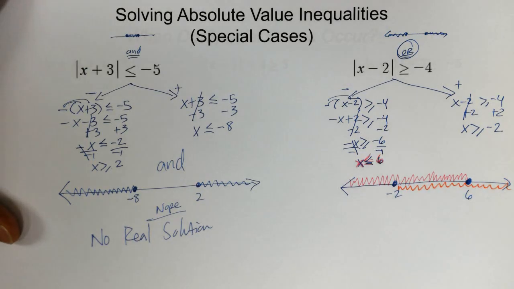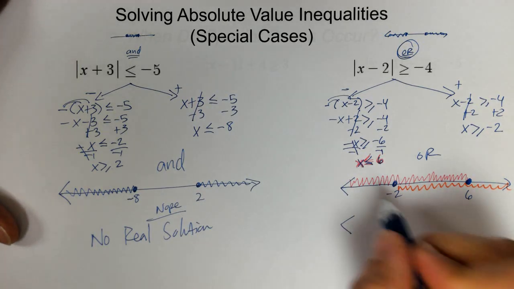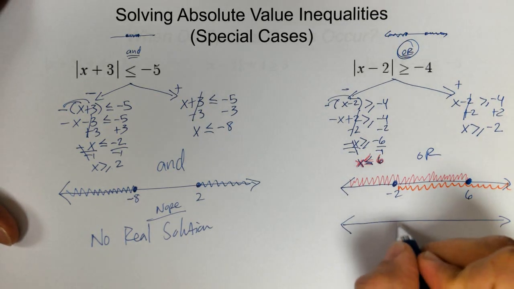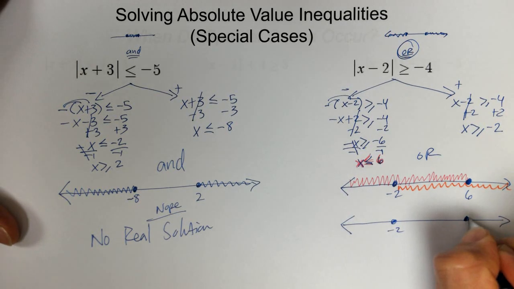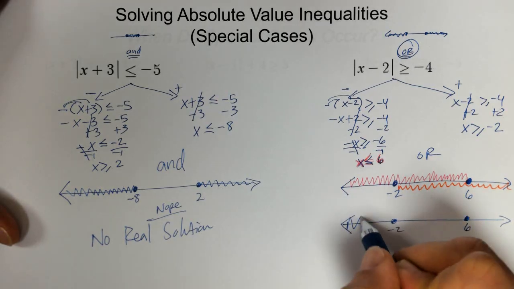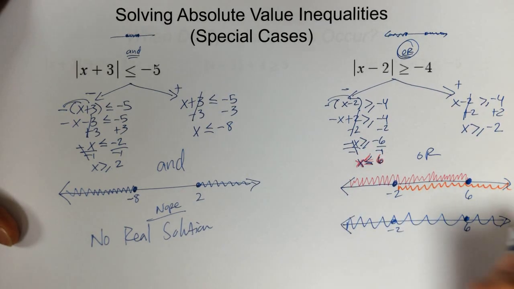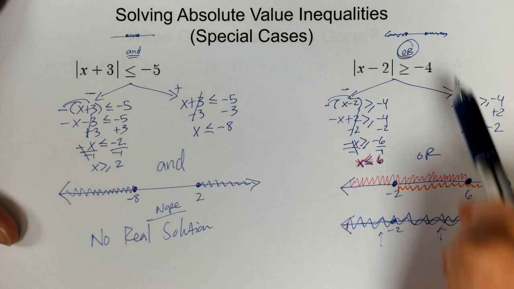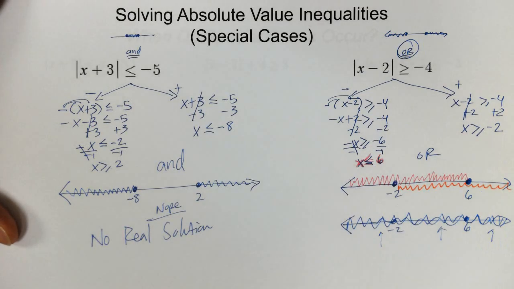The key word here is or. It doesn't have to be both things, right? It just has to be one or the other. So when I look at this problem, if it could be the red one or the orange one, then what's a possible solution? Everything's a possible solution. Because any number here, here, or here will satisfy this condition.